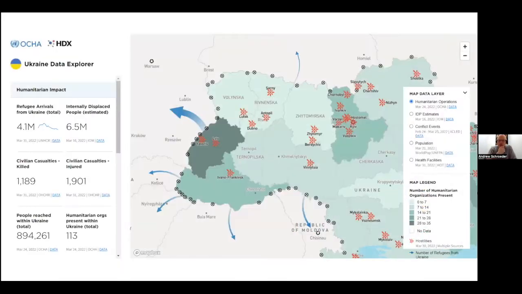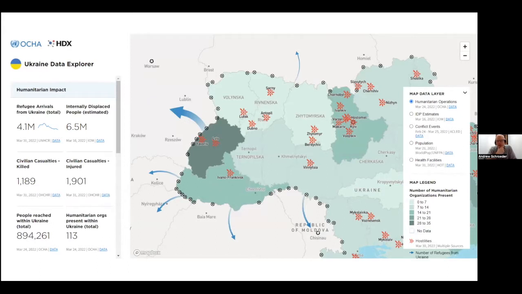Just a quick note on the displacement part of this in terms of overall numbers. This has been maybe one of the headline issues of the war overall since February 24th, when Russia invaded Ukraine.